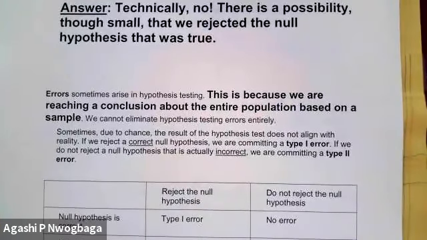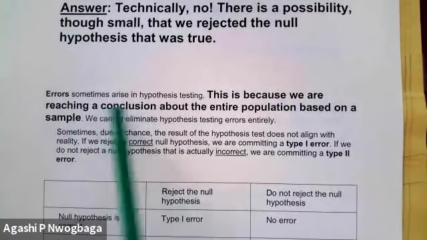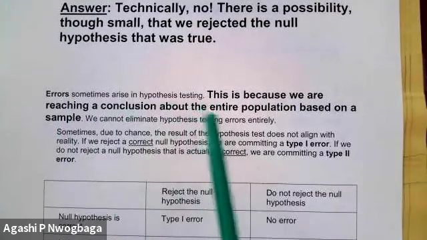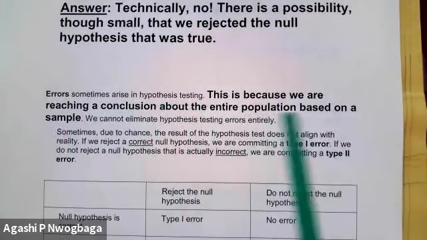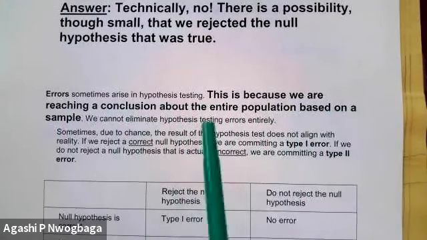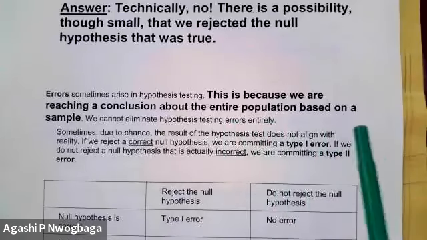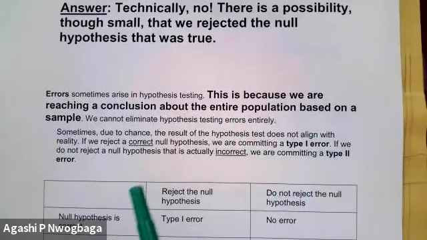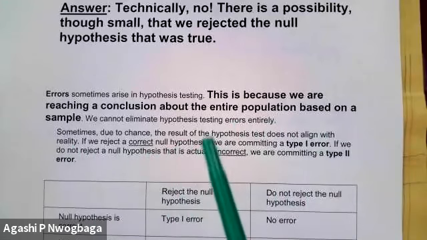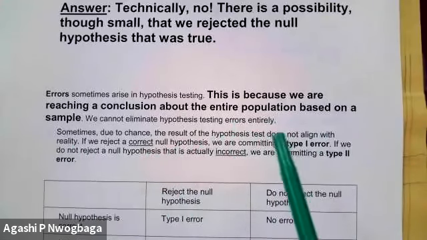As you have on the lesson note, I hope you have your lesson note in front of you. Errors sometimes arise in hypothesis testing. This is because we are reaching a conclusion about the entire population based on a sample. We cannot eliminate hypothesis testing errors entirely.